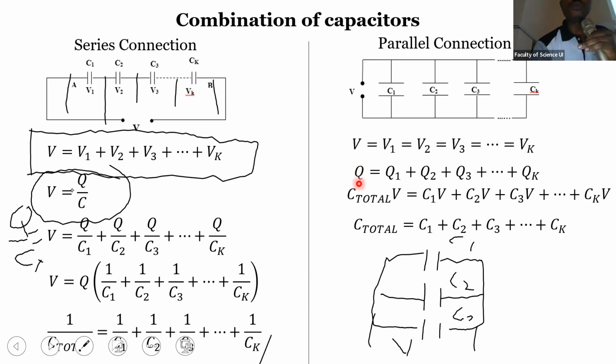And we know that Q is equal to CV. Then this total charge Q times the same potential V is equal to C1V plus C2V. Remember that V is the same for all of them. Since V is the same for all of them, that is why V is remaining constant over here.